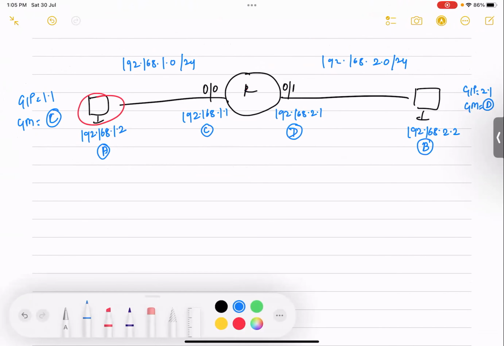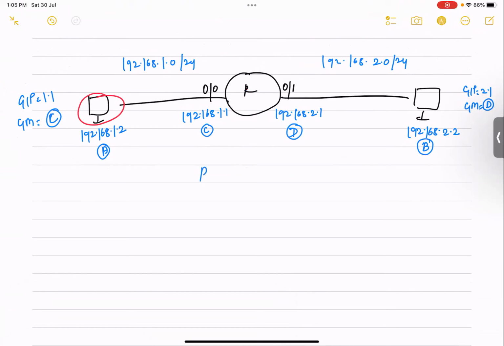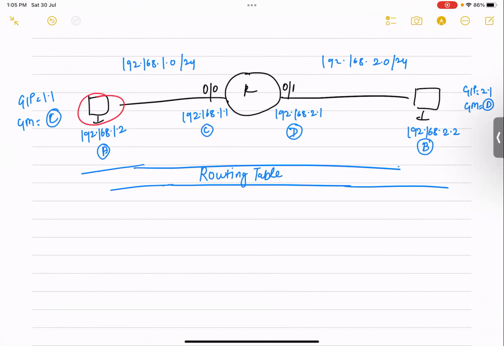So, Sarath, any idea about the routing table? How much information? Basically in the routing table, first information we are getting is the route code. Then we are getting network, or you can say IP.